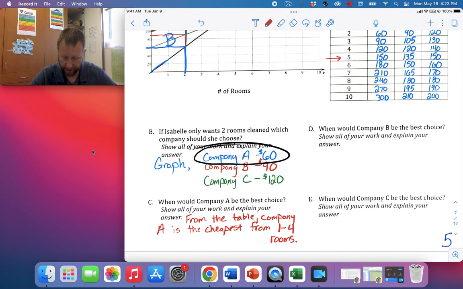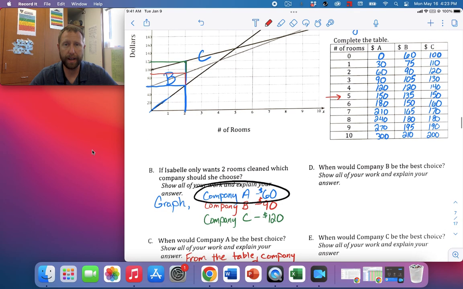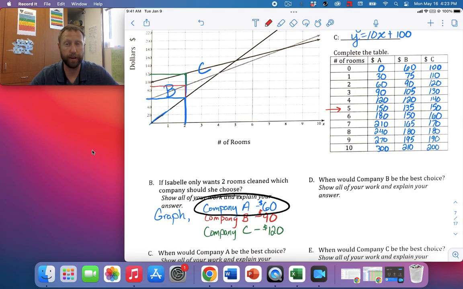So question D says, when would company B be the best choice? Show all of your work, explain your answer. So company B, we just pointed out, starting with room 5. So I'm going to use the table again. So table. Starting from room 5, company B is the cheapest. I don't need to focus on company A anymore. I know company A is not the cheapest.